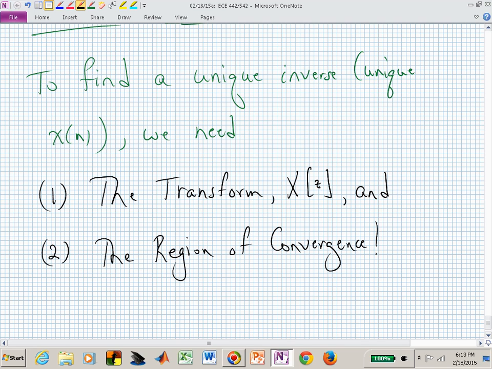Because you could have a causal or you could have an anti-causal sequence corresponding to Z over Z minus 1/2. Let's look at an example.